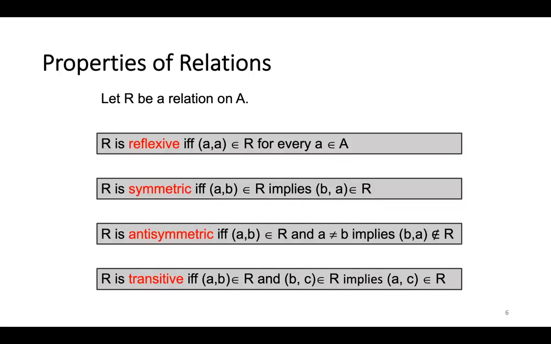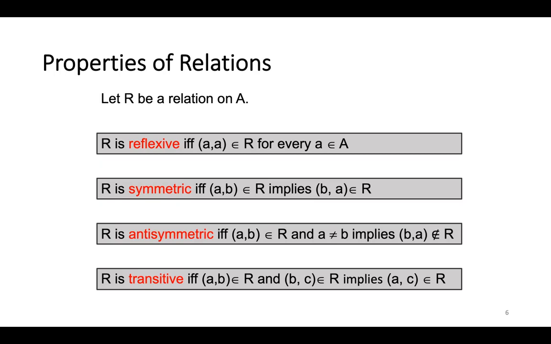And there are four different properties of relations. If we have a relation R on set A, the first one, reflexive, is about A to A. This relation goes to itself. Or symmetric: if you have a relation A to B, B to A is also available.